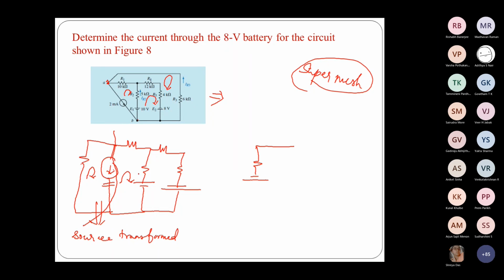Now this is replaced. This is my converted network. So what did I do? Let me replace all the values. This is 10K and this is 12K.